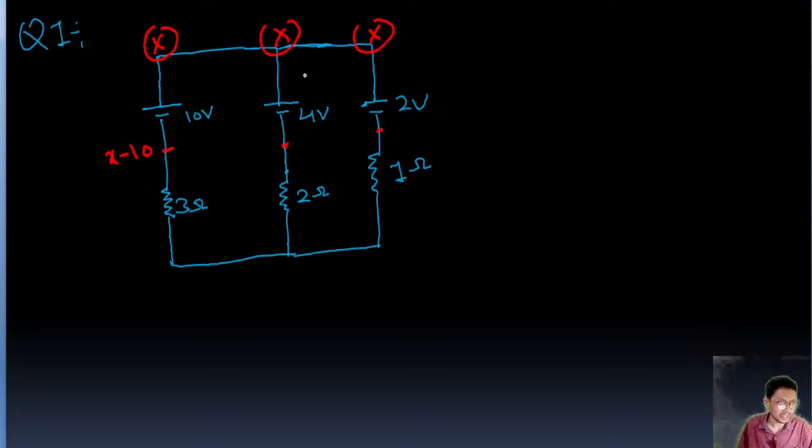Similarly here it is x and this is 4, so this should be x minus 4. This is the negative terminal, so x minus (x minus 4) gives 4 volt. Similarly here it is going to be x minus 2. This is the voltage, and we can take 0 voltage at the other points: here it is 0, and this is 0.